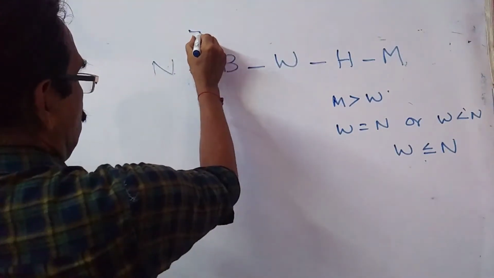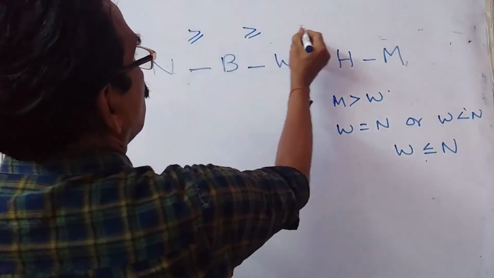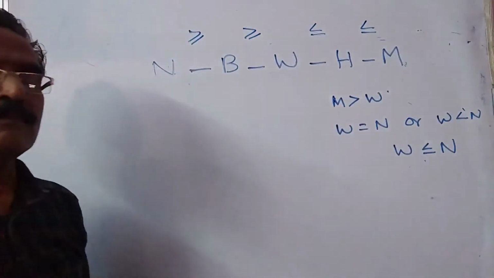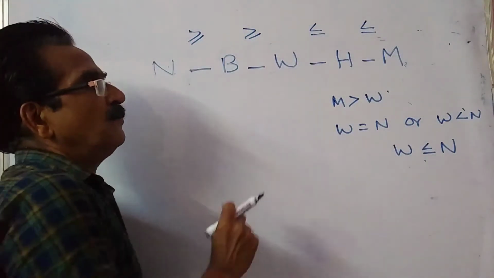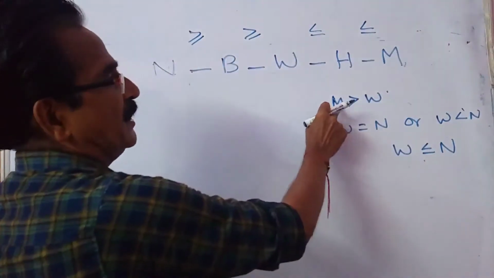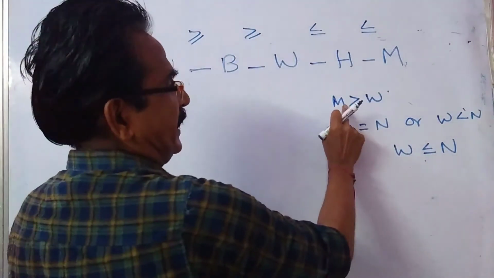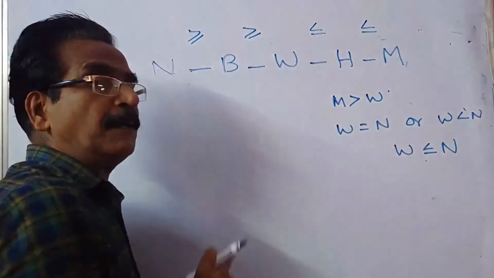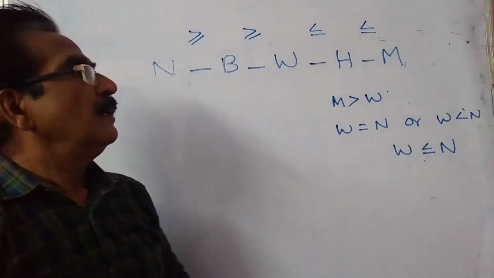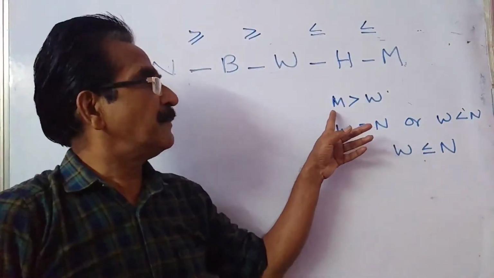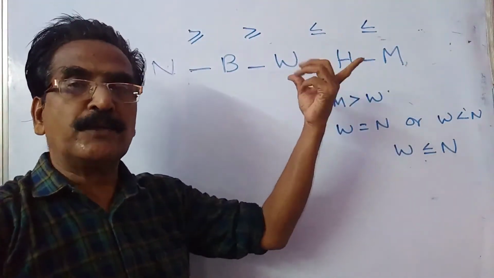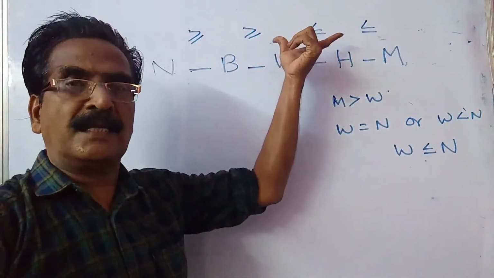Now let us see the third option. Greater than or equal to, less than or equal to. So first conclusion, M greater than W. M greater than or equal to W. Our conclusion is M greater than W, but what conclusion can you derive with these symbols?